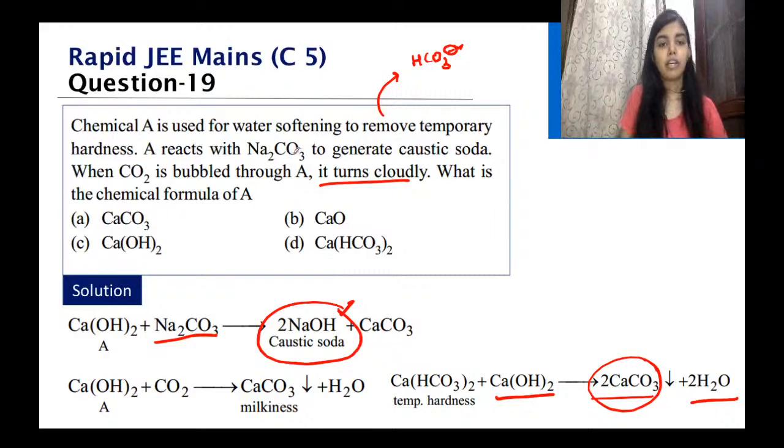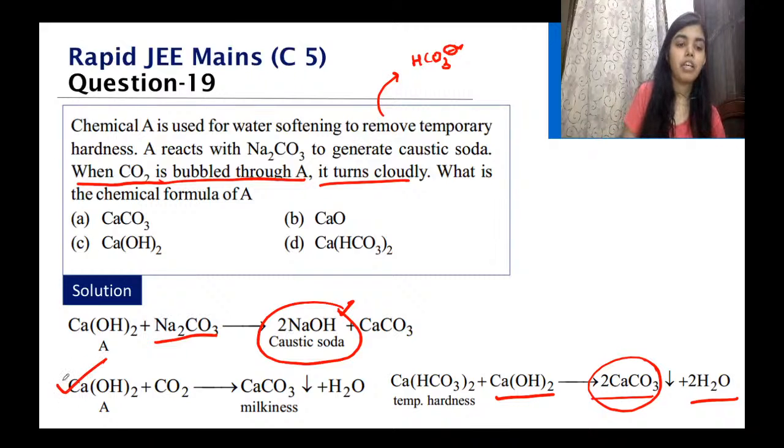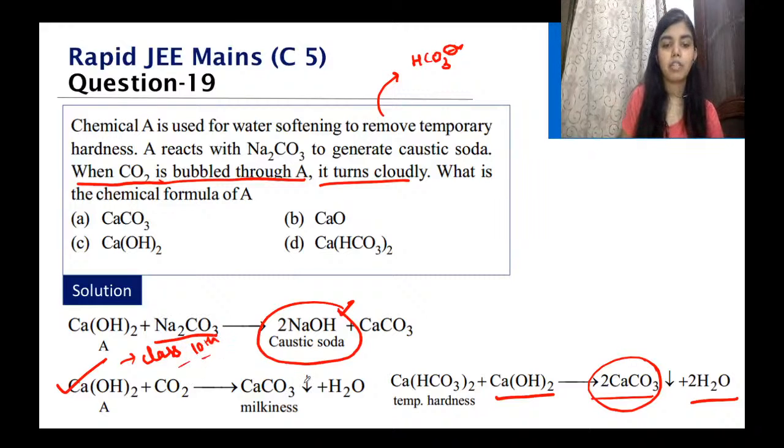Now see here, the third point is very important, and it is a general reaction that we should all know. When CO2 is bubbled through A, it turns cloudy. This is a very important reaction that you have been learning from class 10th, that calcium hydroxide on reaction with carbon dioxide generates milkiness, which is due to the formation of calcium carbonate, right?